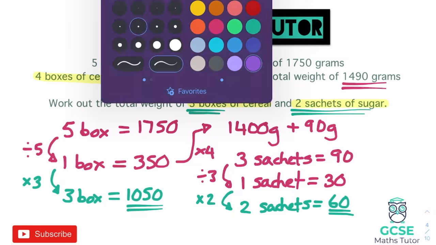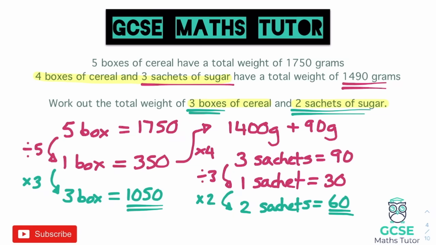So we're going to want to finish this off by writing the total weight. And that is to take our 1,050 and our 60 and add them together. So for our final answer, we'd do 1,050 plus the 60, and that is equal to 1,110. And that is in grams, and that is our final answer.